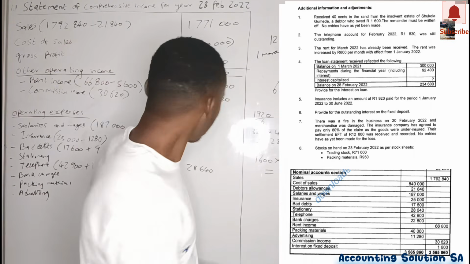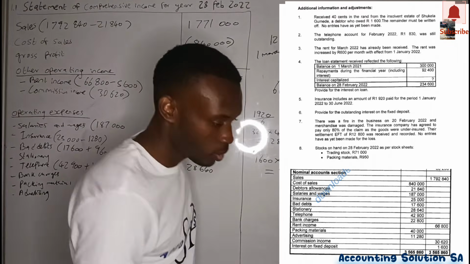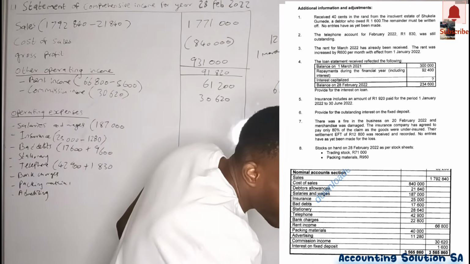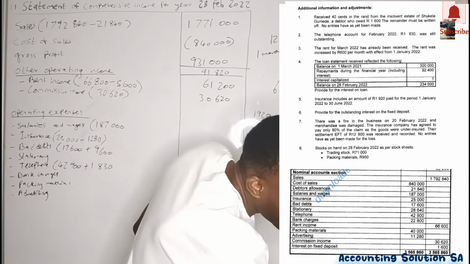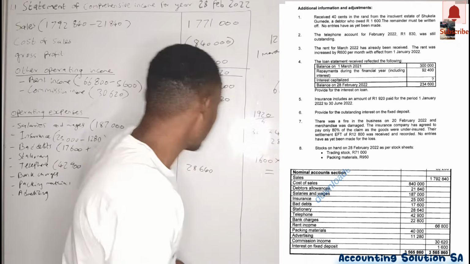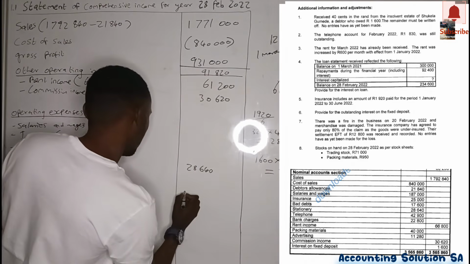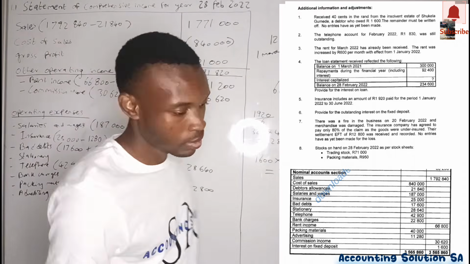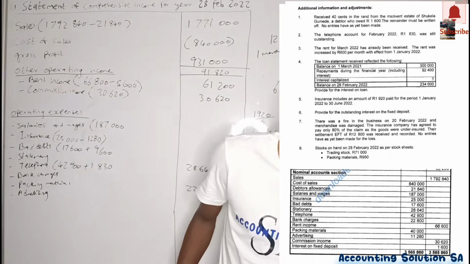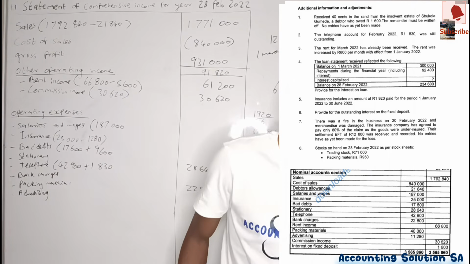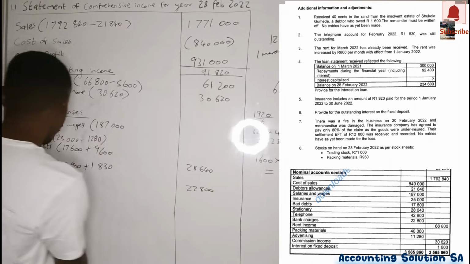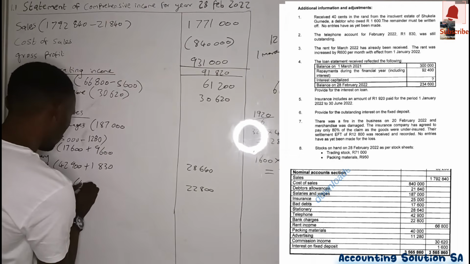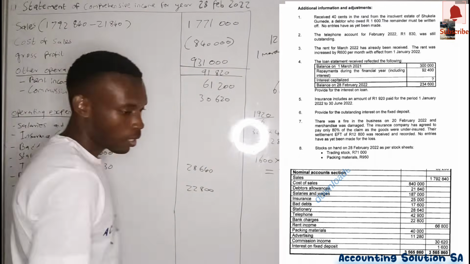Okay, then now let's go to bank charge. A bank charge, I don't think we have a transaction. Then let's take the amount of bank charge, 22,800. Okay, then another one, we have packing material, for which we have a transaction, 40,000.